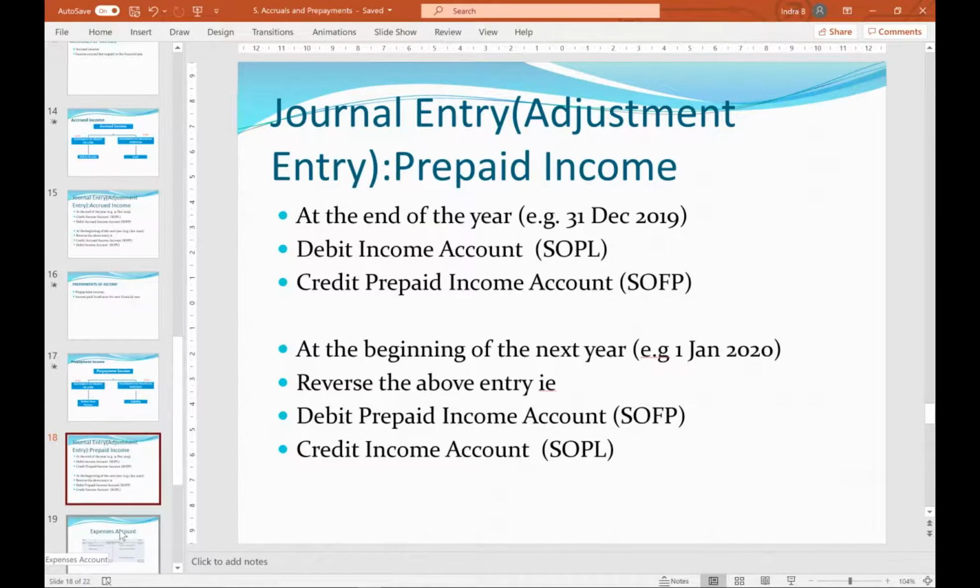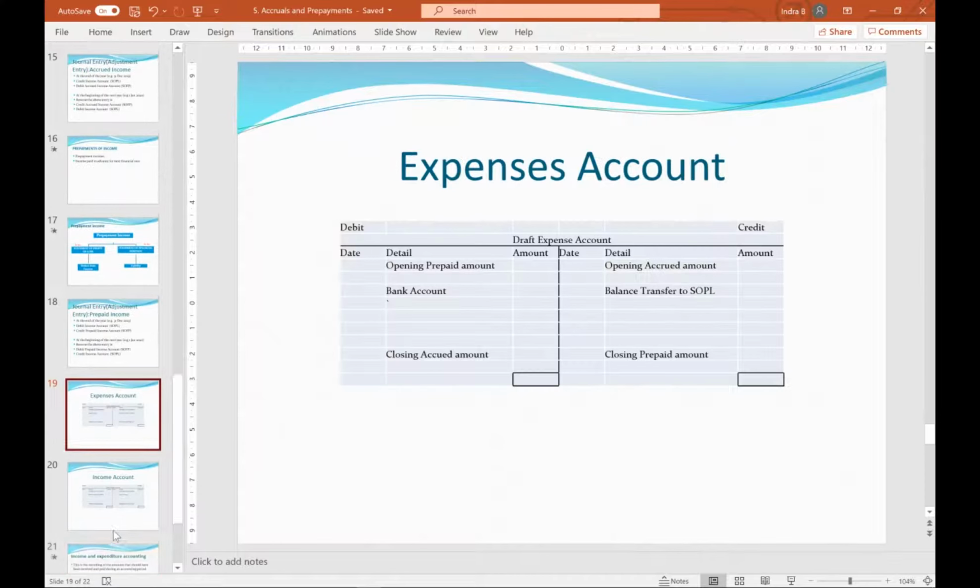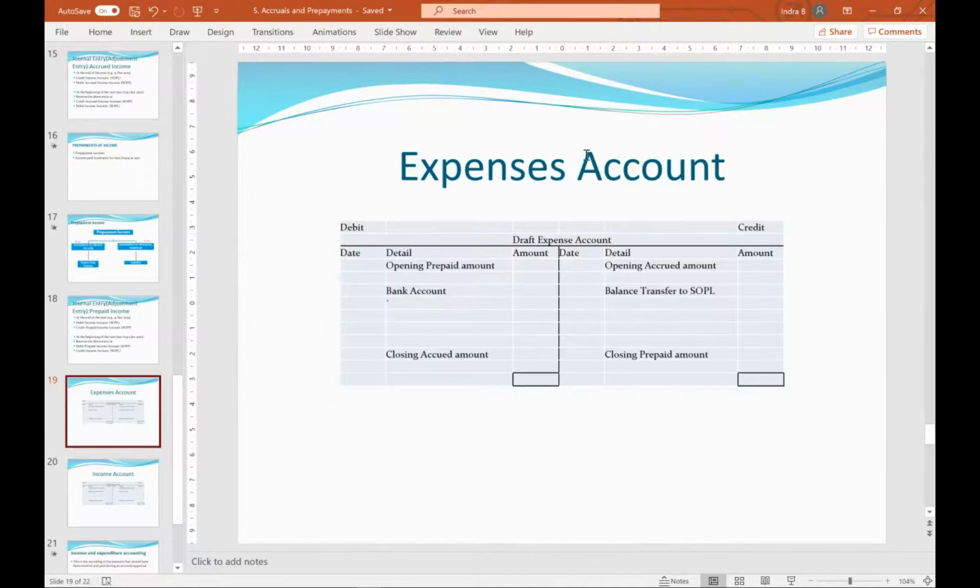So for that simplicity, we prepare this kind of an expense account. This format will be very useful for calculating the amount to be transferred to profit or loss account after adding the accrued or prepaid amount.